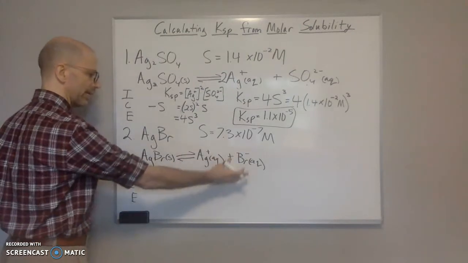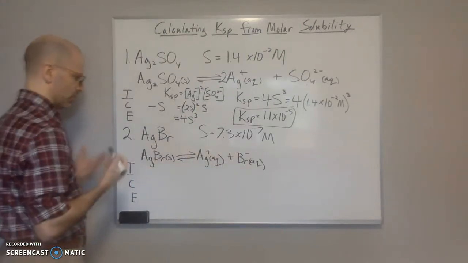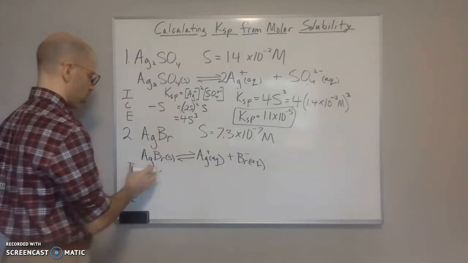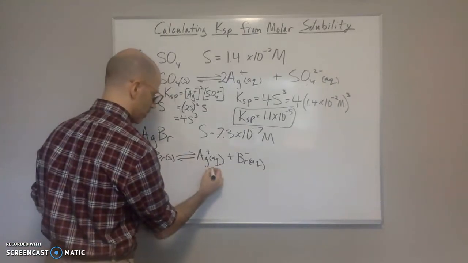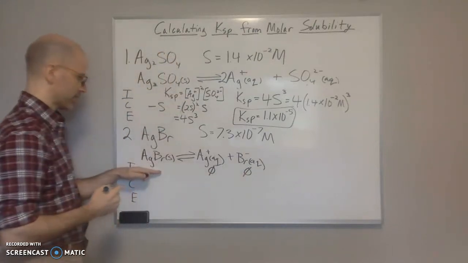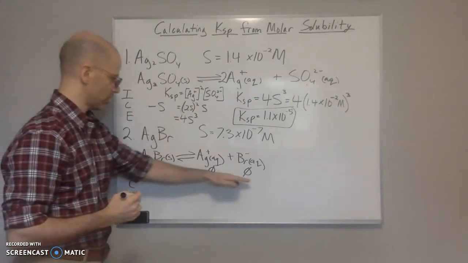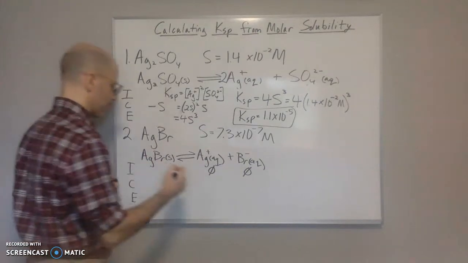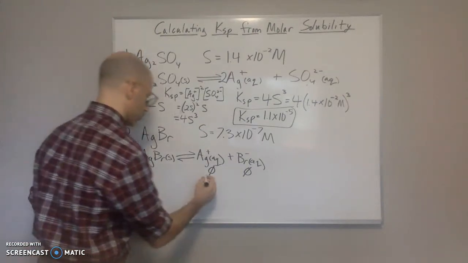Again, we're only looking at the ions since those are the ones that are changing. The solid we're going to ignore. At first, no AgBr has dissolved, so we start with 0. After some time, some of this is going to dissolve, so we'll get a certain amount.